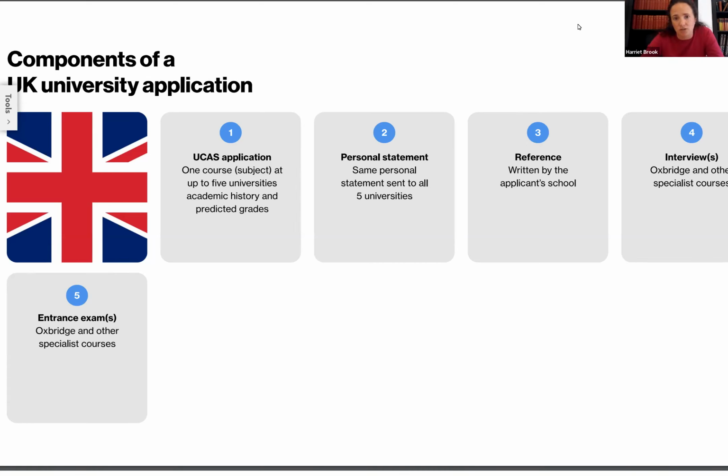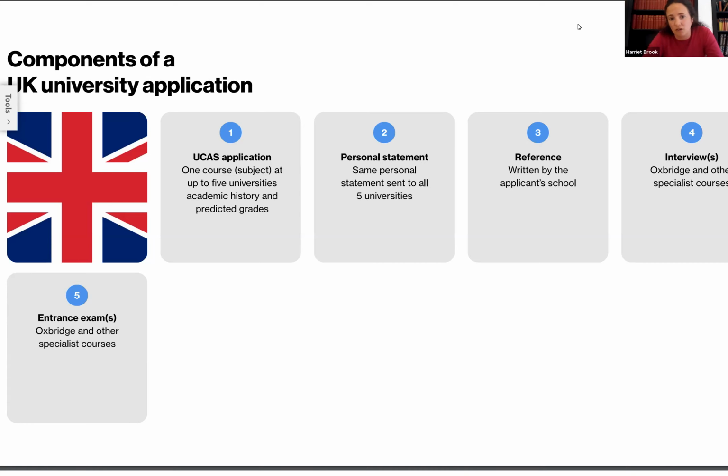Unless you're looking at going to Oxford and Cambridge, everything that you need to express yourself specifically lives within your personal statement, which is a 4,000 character, including spaces, document. So that document is really important when you're looking at a university application to UK universities.